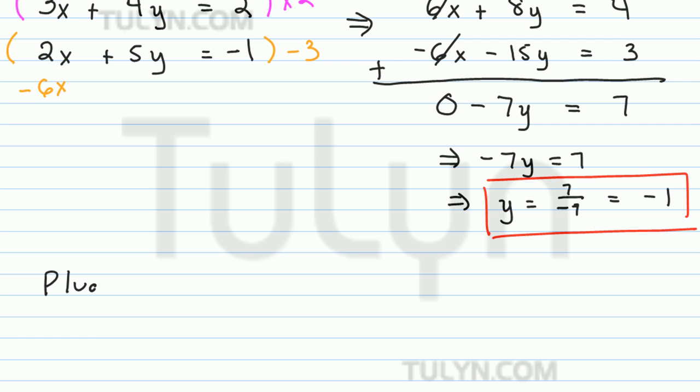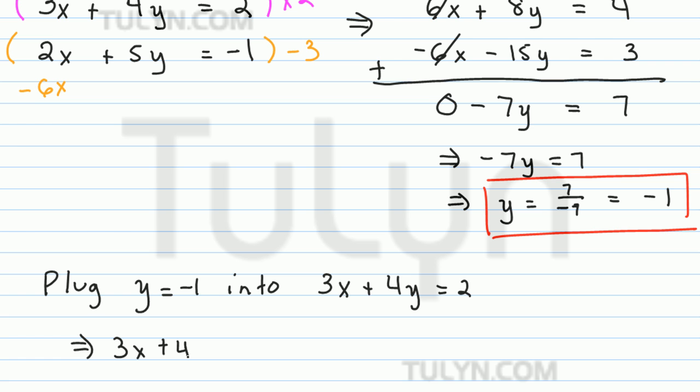So the way we do that is to plug y is equal to negative 1 into one of the equations. And now you can pick whichever one you want. I'll pick the first one. So I'm going to plug y equals negative 1 into 3x plus 4y is equal to 2. So now doing that, we end up getting 3x plus 4 times negative 1 is equal to 2.